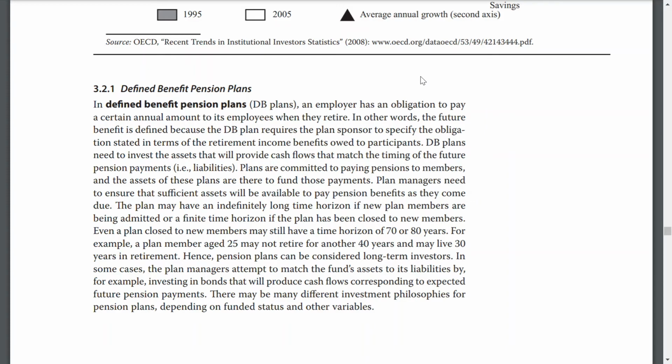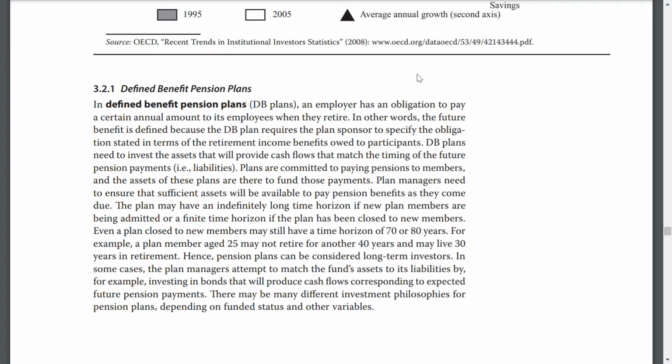Plans are committed to paying pensions to members, and the assets of these plans are there to fund these payments. Plan managers need to ensure that sufficient assets will be available to pay pension benefits as they come due.